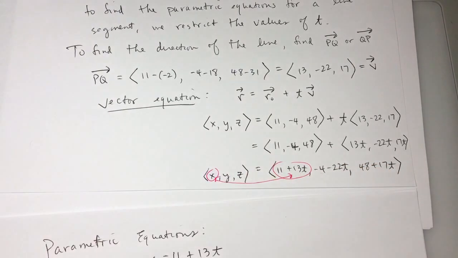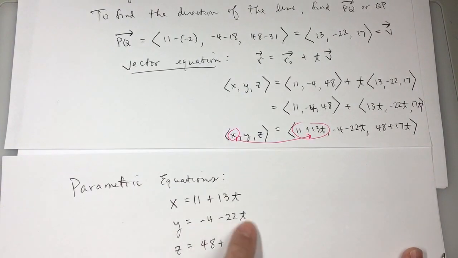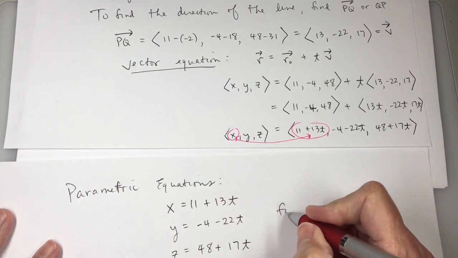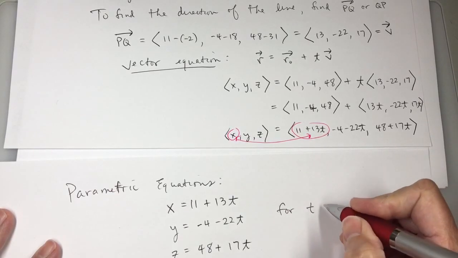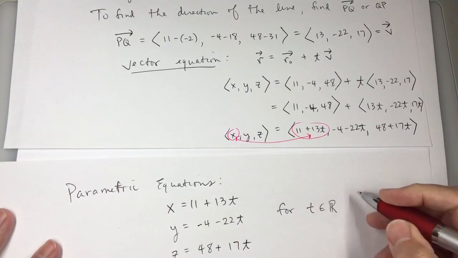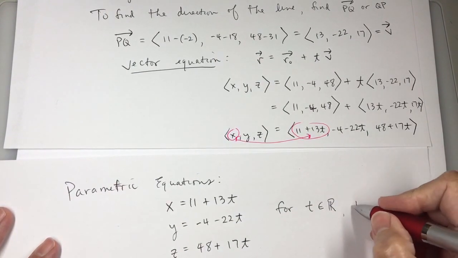And that's your parametric equations right there. Now as t could be any real number, this is the entire line. We'd write that t is an element of the reals. Then I'm talking about the entire line.